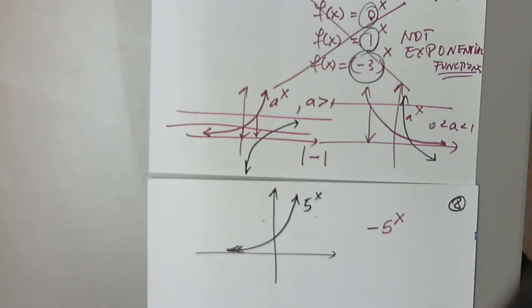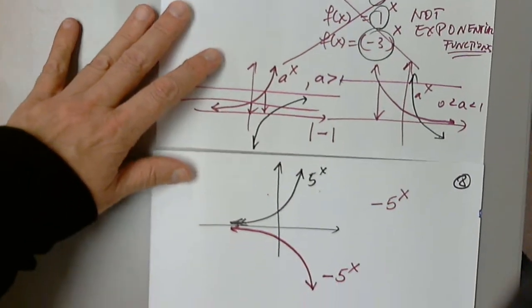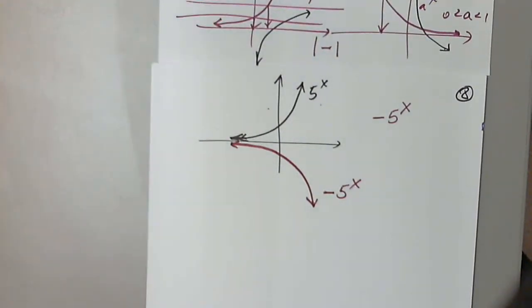Yes, I agree. It flips the graph. Since it's a transformation on y, all the y values get multiplied by -1. Indeed. What if I want to look at this now?